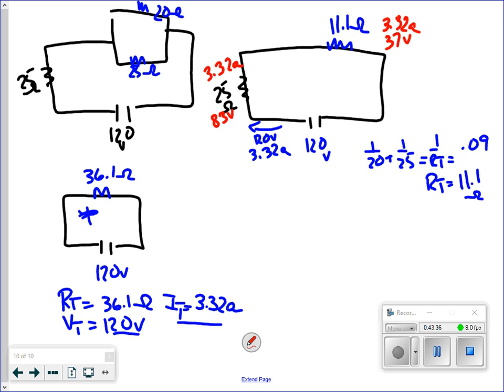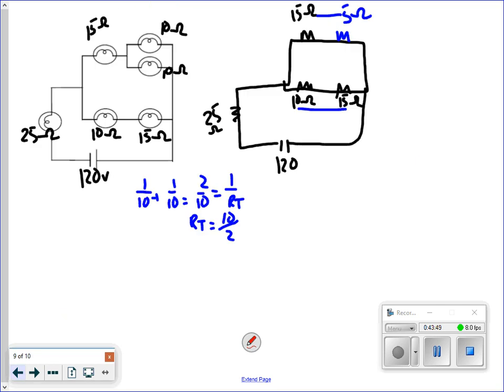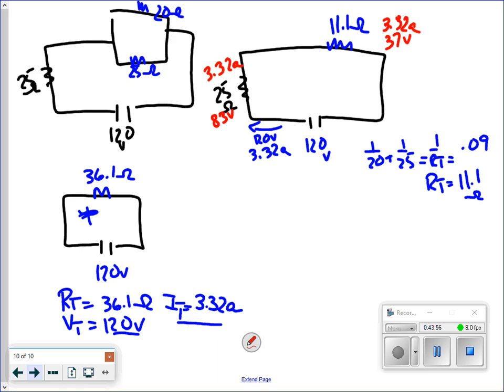I rounded, I admit it. So it may not perfectly add up to 120, but it's darned close. Oh, it does. Never mind. Okay, so this 25 ohm resistor, if you think about it, it's the same over on the next one and back here. That 25 ohm resistor is the same every single time. So let's see, what did we get? 3.32 and 83.